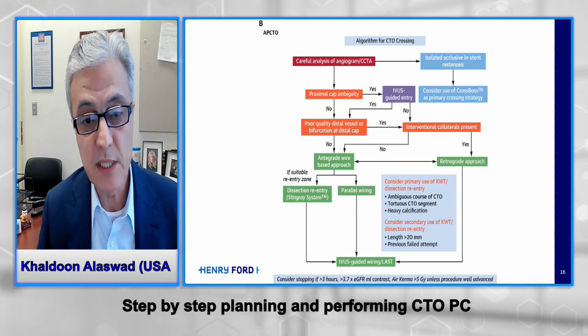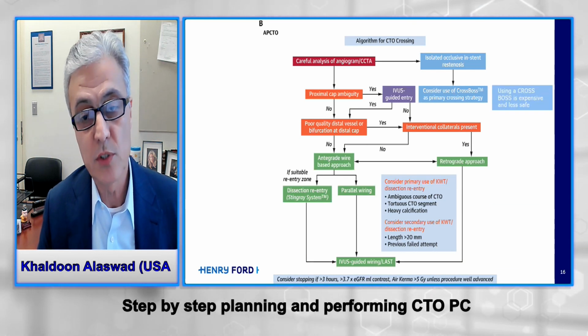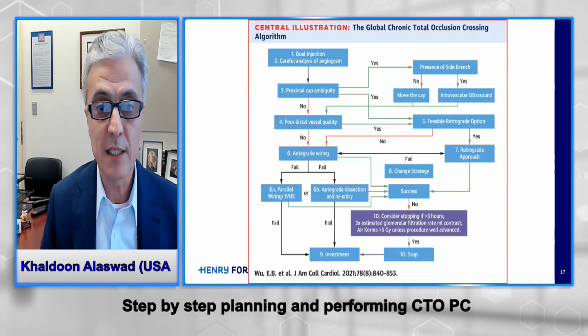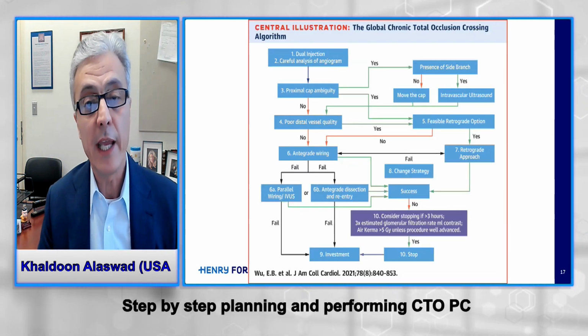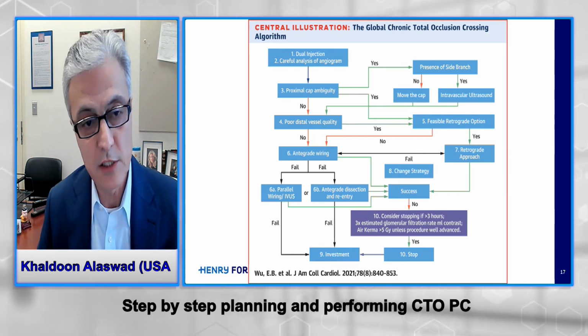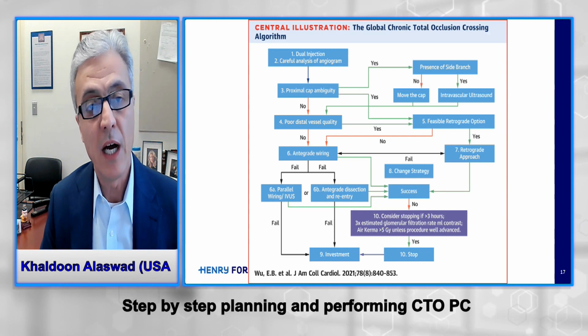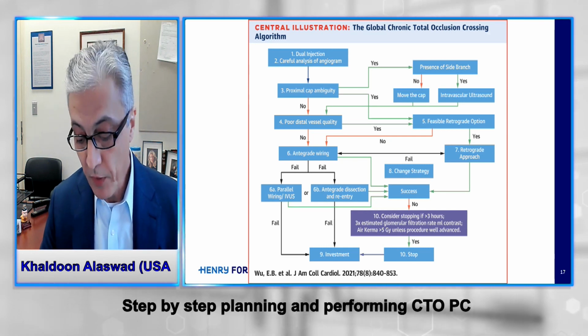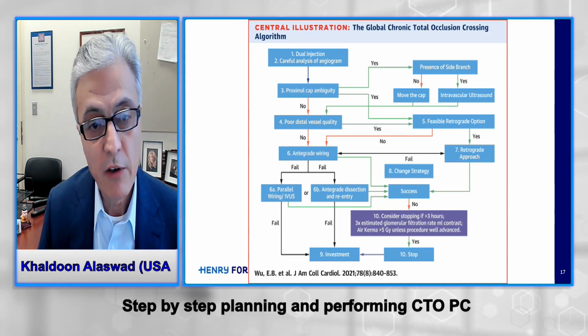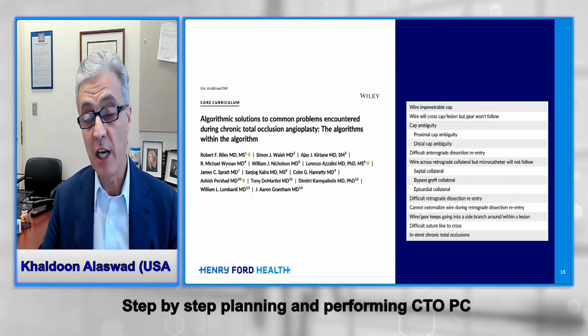In the Asia Pacific CTO, there is also still emphasis on no crossbus. So Brilakis and his colleagues gathered about 70 to 100 interventional cardiologists and developed the global algorithm, which is the reference there. I think it's a very good guide for doing CTO PCI.